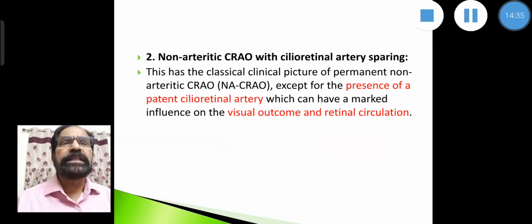This has the classical clinical picture of permanent central retinal artery occlusion, except for the presence of a patent cilio-retinal artery, which can have a marked influence on the visual outcome and retinal circulation.